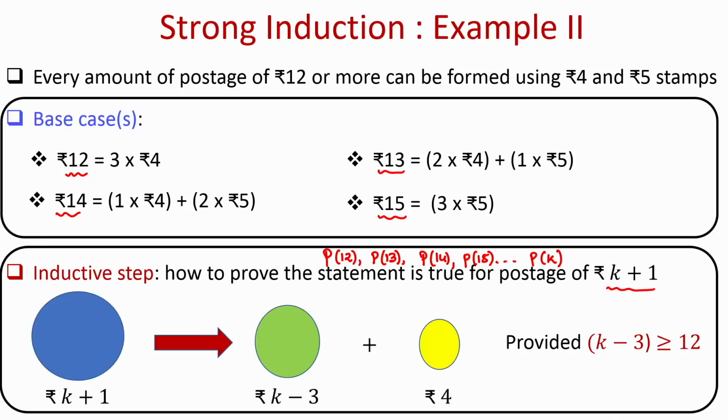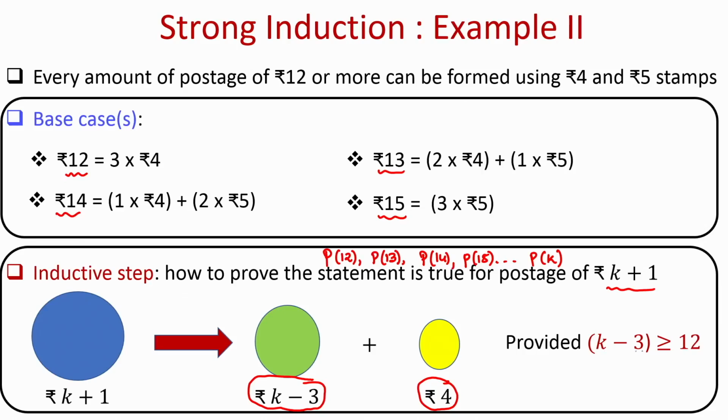So, the idea here is that the postage of k plus 1 can be written as the summation of the postage for k minus 3 and a 4 rupee stamp. Okay. That means, you take one 4 rupee stamp, and whatever way you can represent the postage of k minus 3, to that representation if you add a stamp of 4 rupee denomination, then you can get a representation for postage for k plus 1.